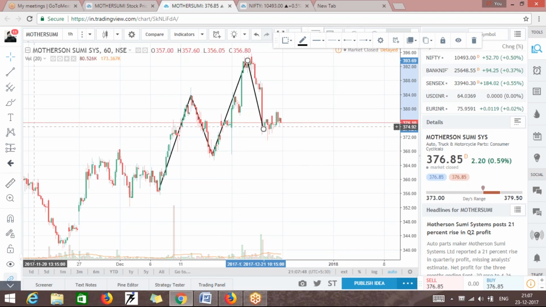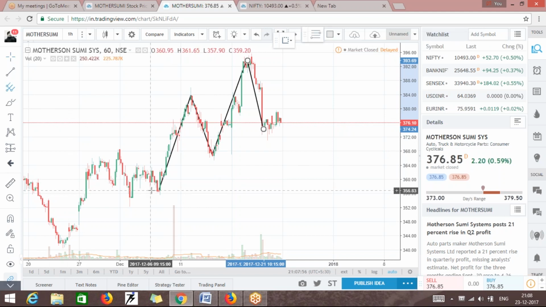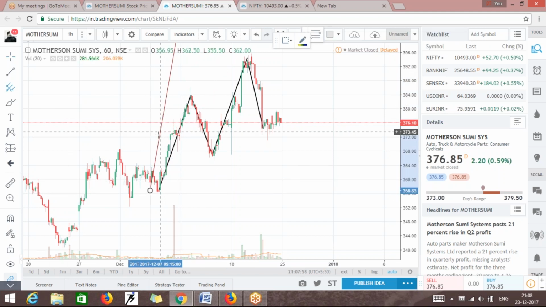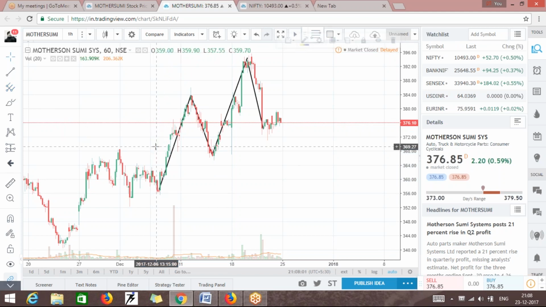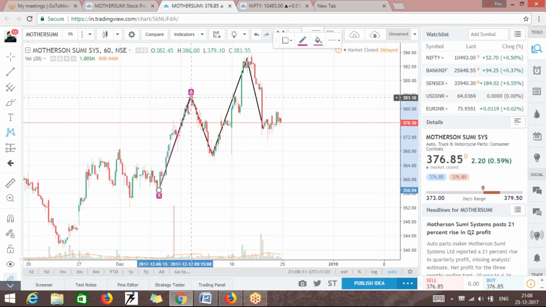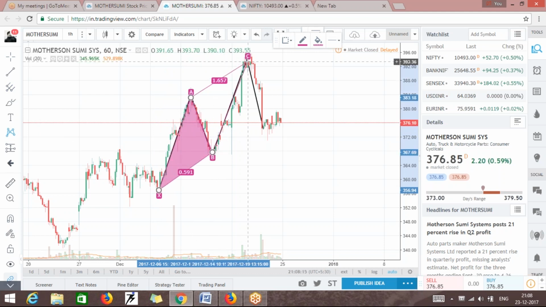If you want to take Fibonacci retracements, you can, but TradingView gives you a direct triangle pattern formation. You take from X to A, then A to B, B to C, and C to D.